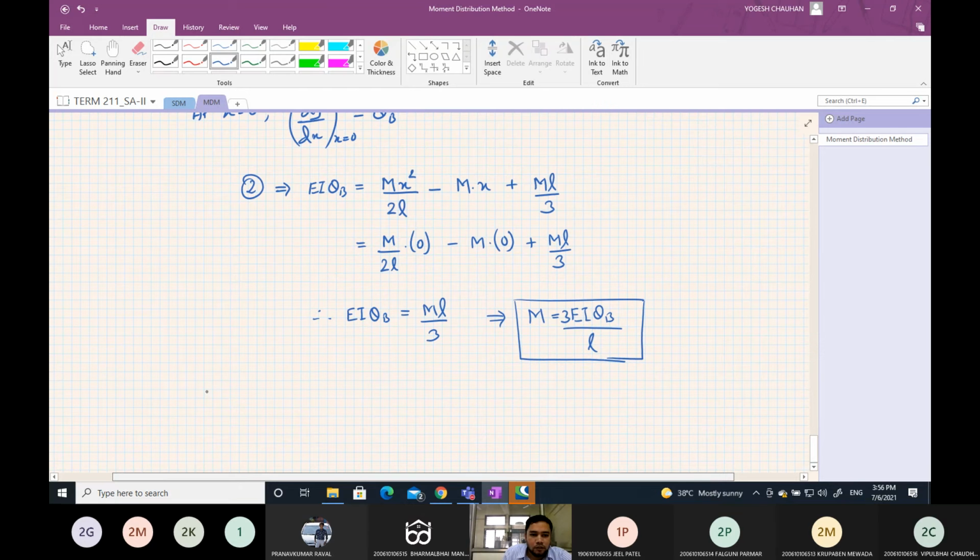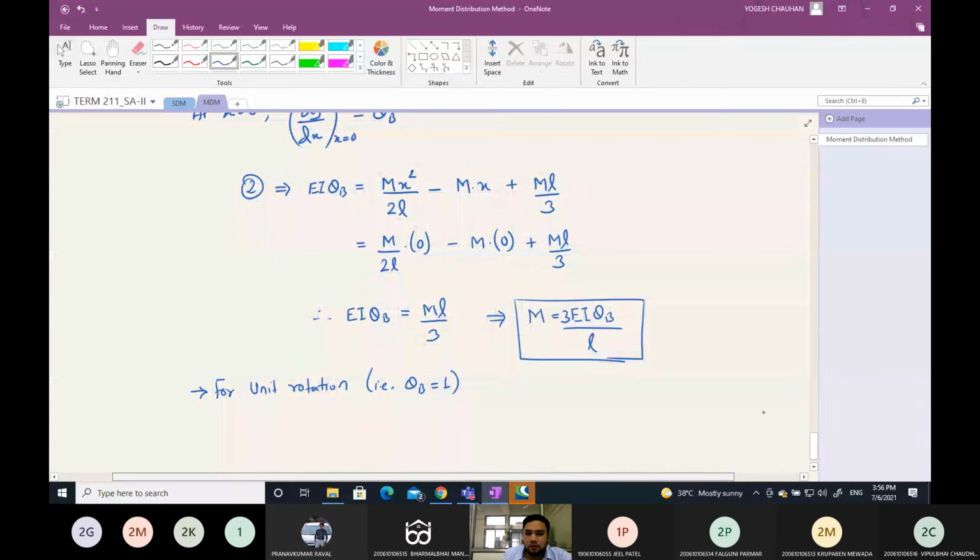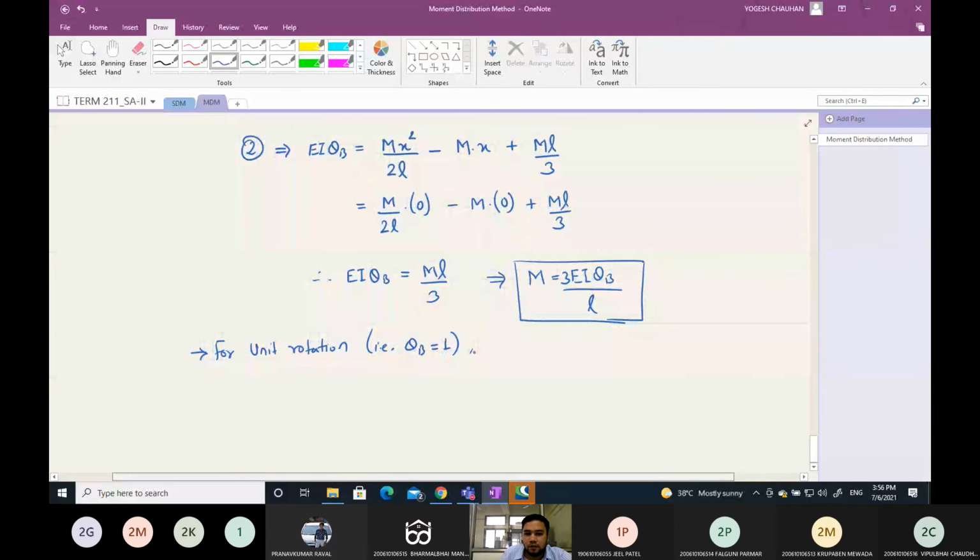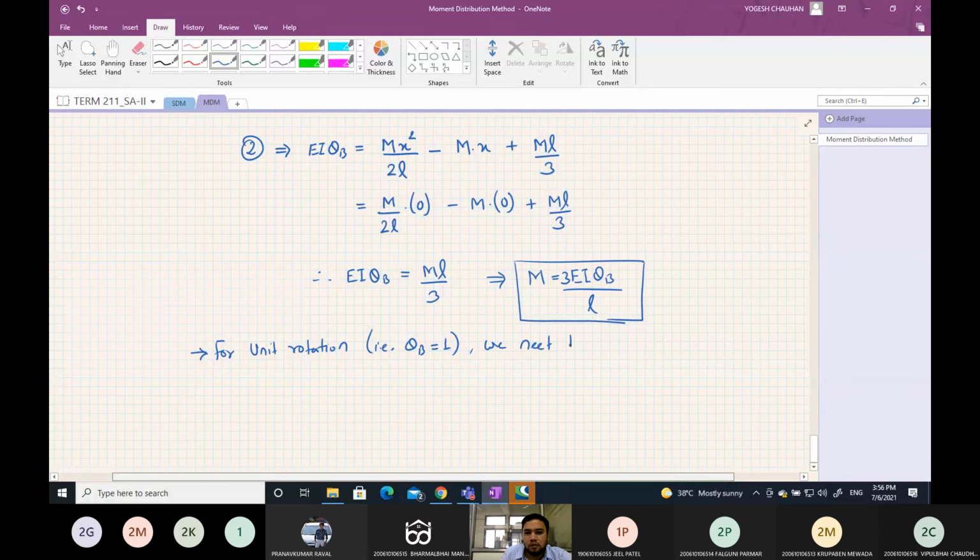So for unit rotation, that is theta B equals to 1, we need to apply moment M equals to 3 EI by l.